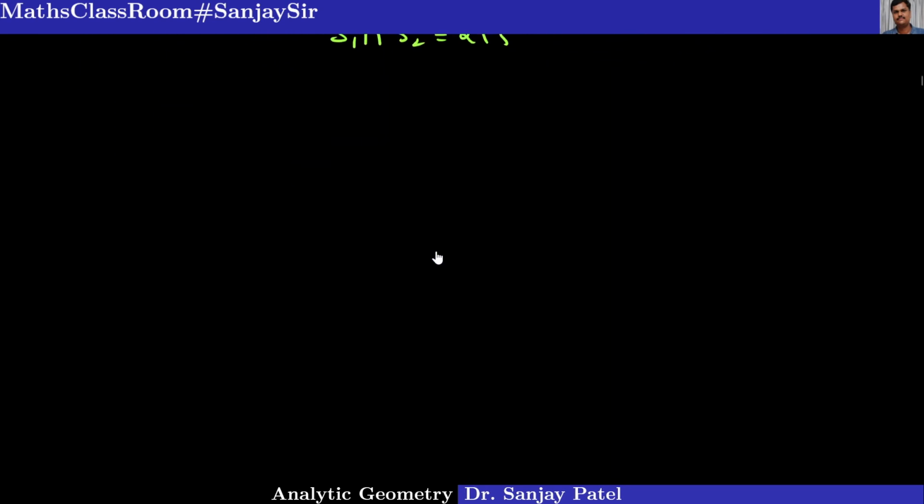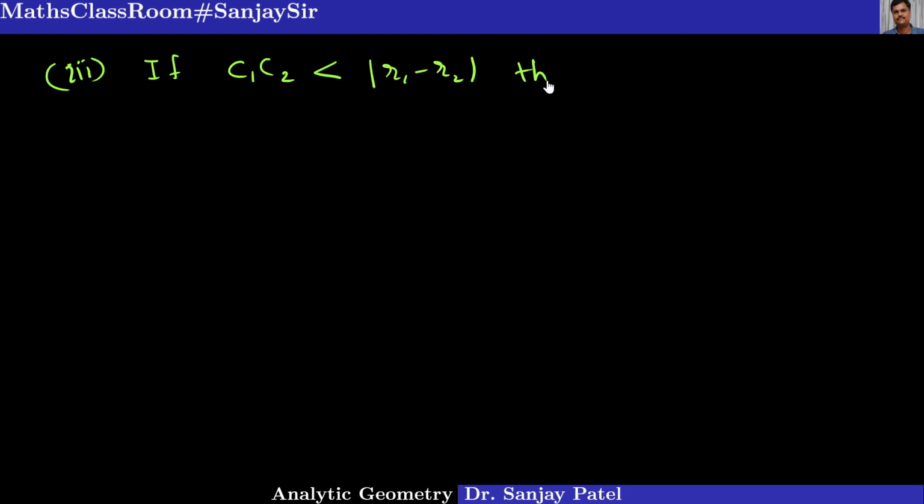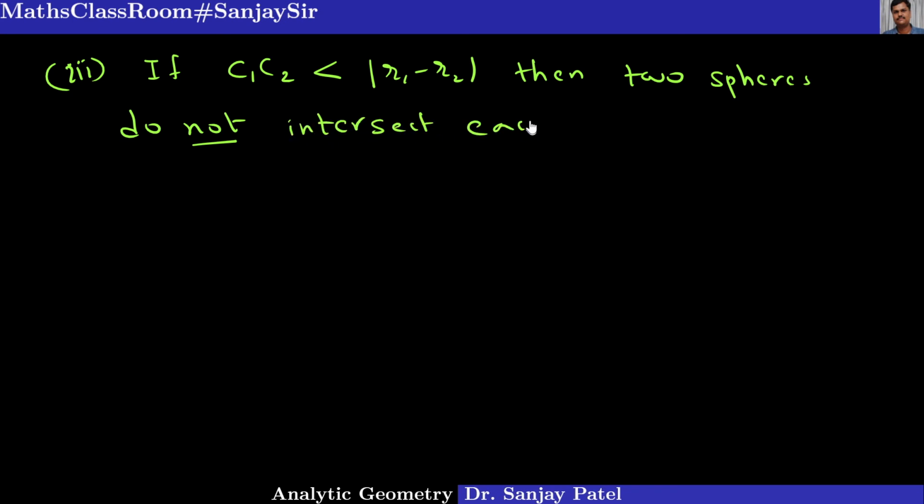And now the last possible situation about their intersection is the subcase number 3. And it says, in addition to C1C2 less than R1 plus R2, if C1C2 is strictly less than mod of R1 minus R2, then in this case also, two spheres do not intersect each other.